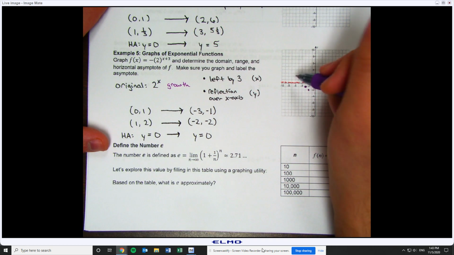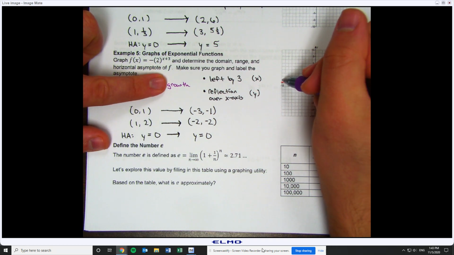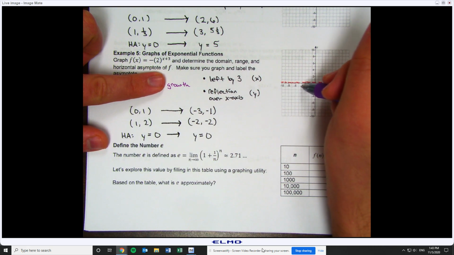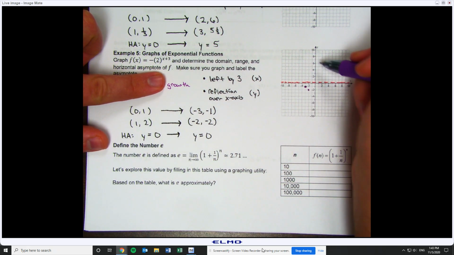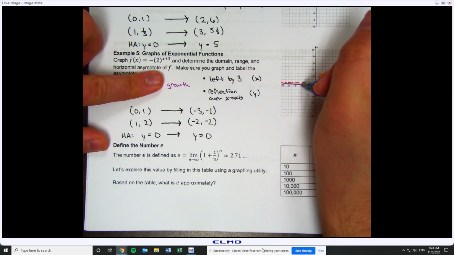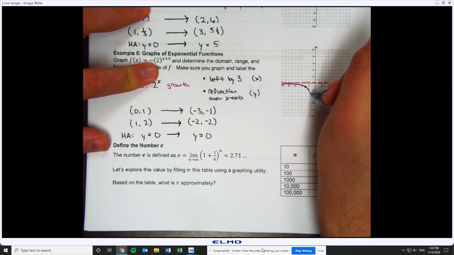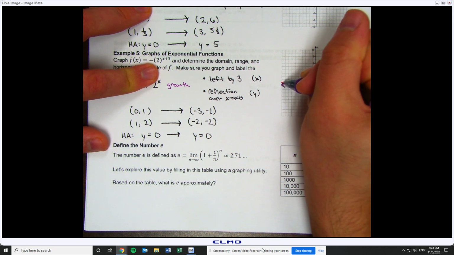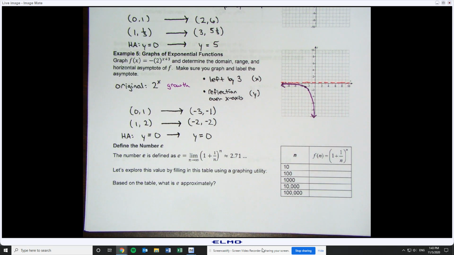Because remember, for a growth, I start low and then I swoop up. When I reflect it, I'll start low and swoop down. You have to flip it over. So this one's going to look like this. Now, is it super accurate? No, I'm not sure where it's going to cross, but we at least have the general shape down. All right, so hopefully I didn't bore you to tears on these.